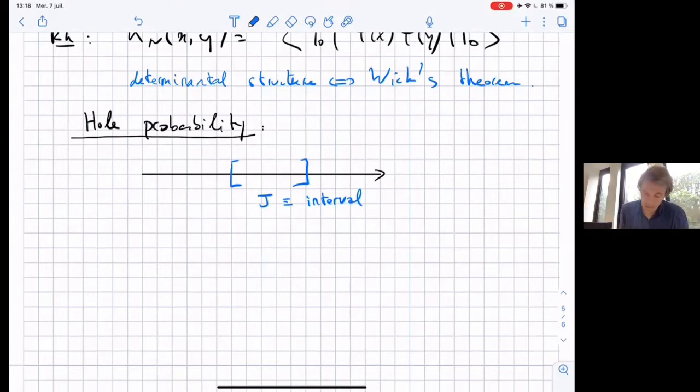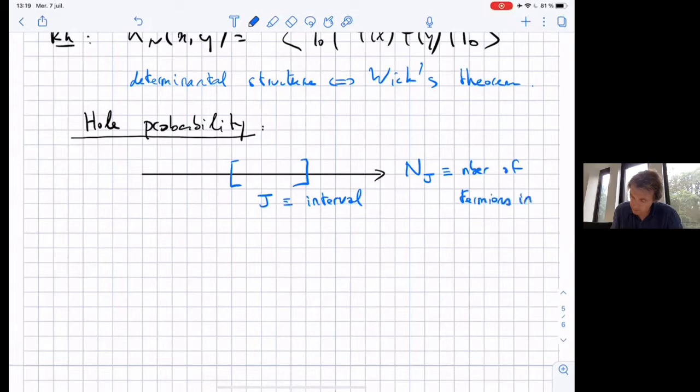Essentially, if I denote N_J, what you would like to know for this problem is the fluctuations of N_J, which is the number of fermions in this interval.